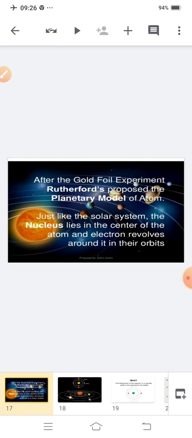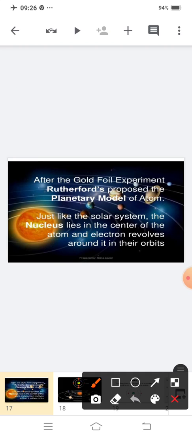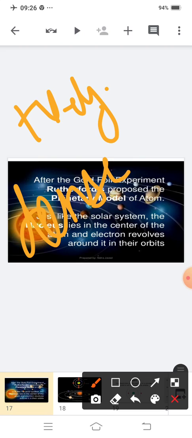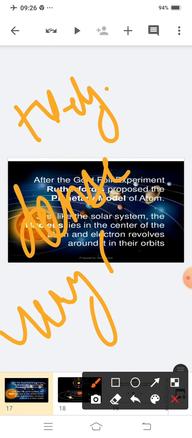Number 1: an atom consists of a positively charged, dense and very small nucleus containing all the protons and neutrons.